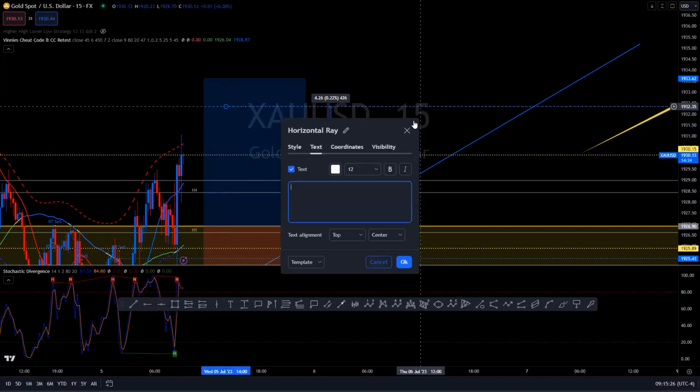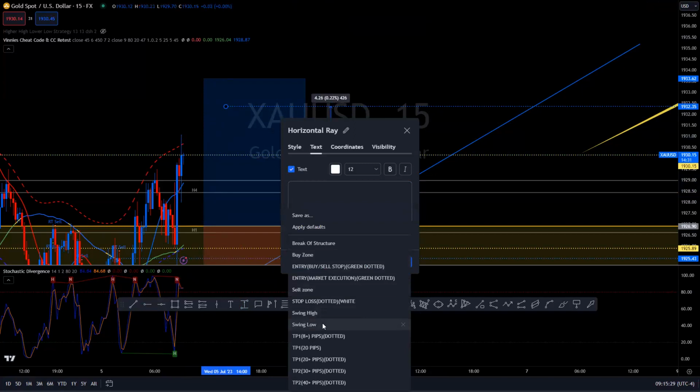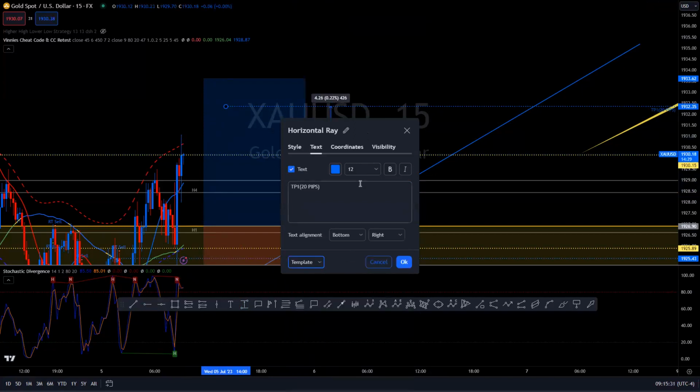So this is going to be TP1. This is 420 plus, I'll say 400 plus points.